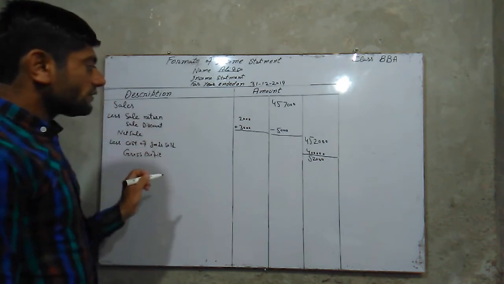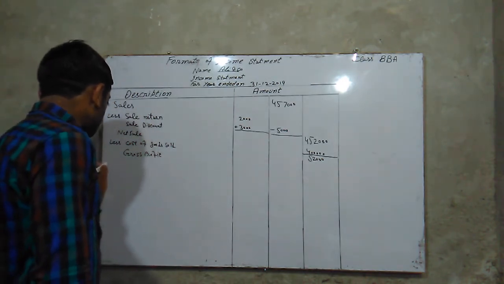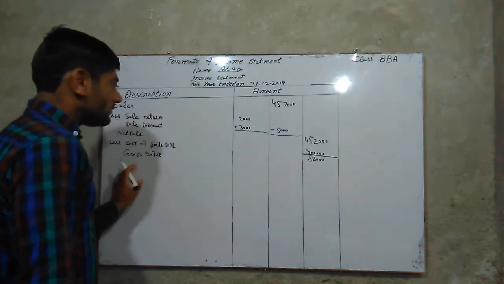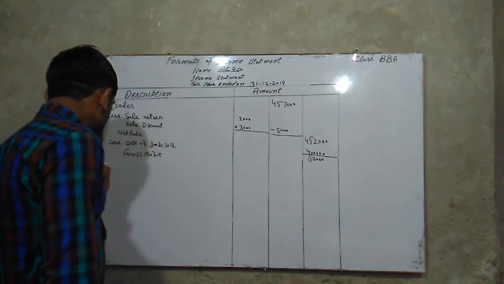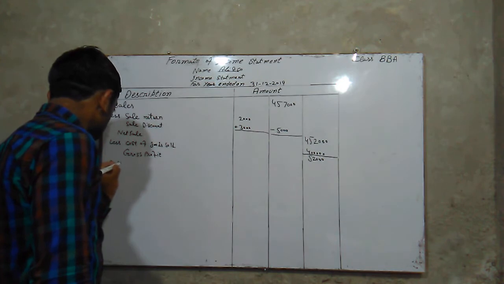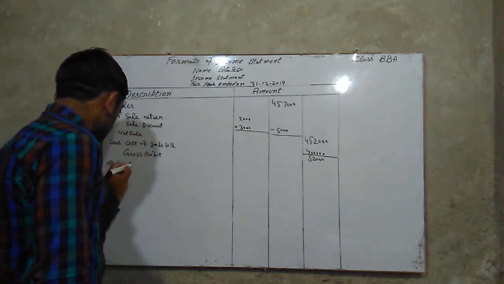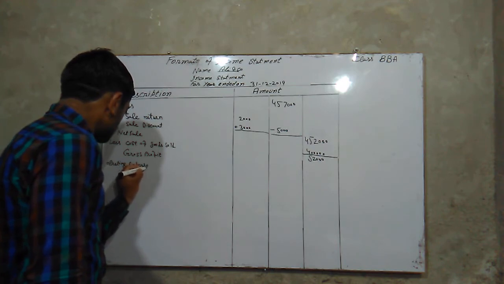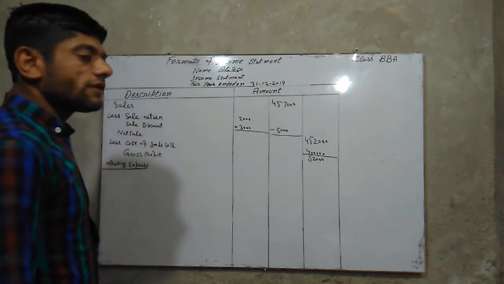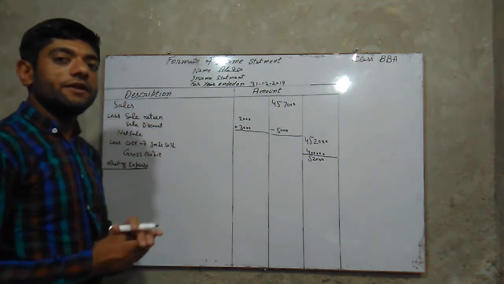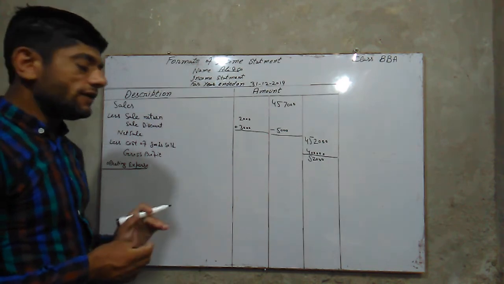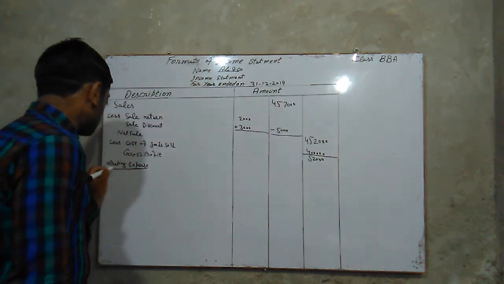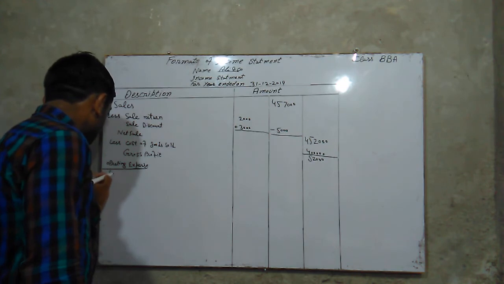So the next step is operating expense. Operating expense is divided into two categories: selling expense and administrative expense. So selling expense first.